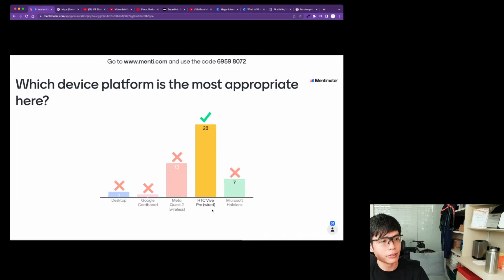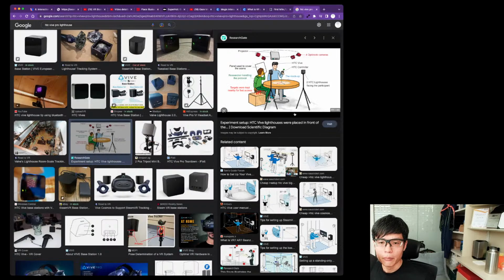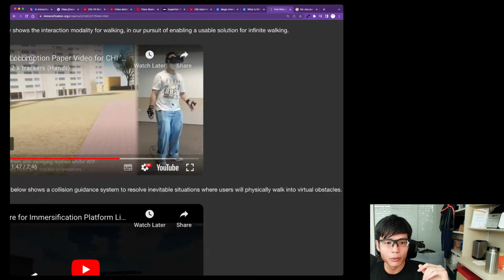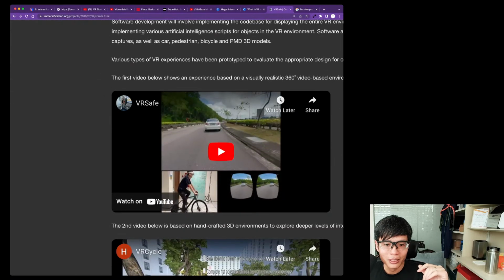Then let me see, Hanif is saying, because of the trackers, not only the trackers. Without the trackers, if you're talking about tracking the feet motion without Vive trackers, it's also possible.